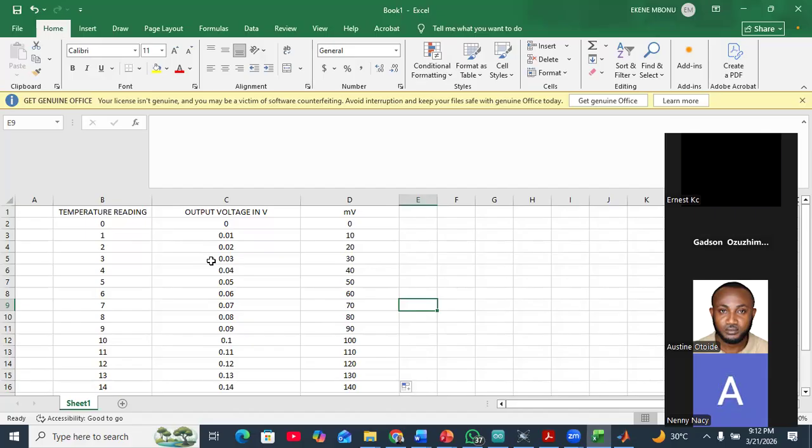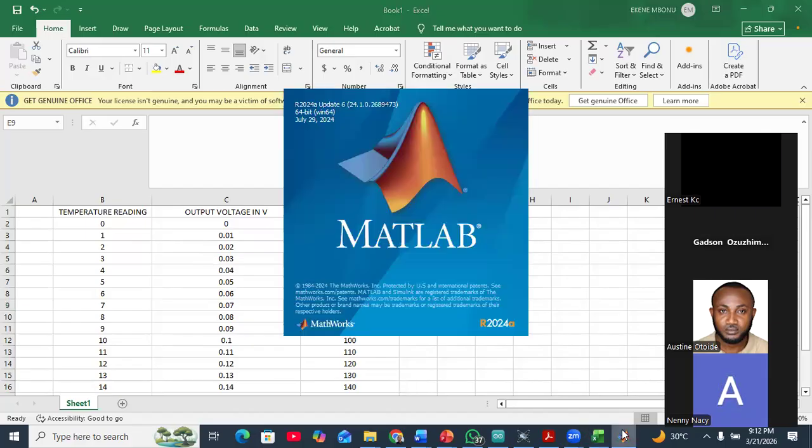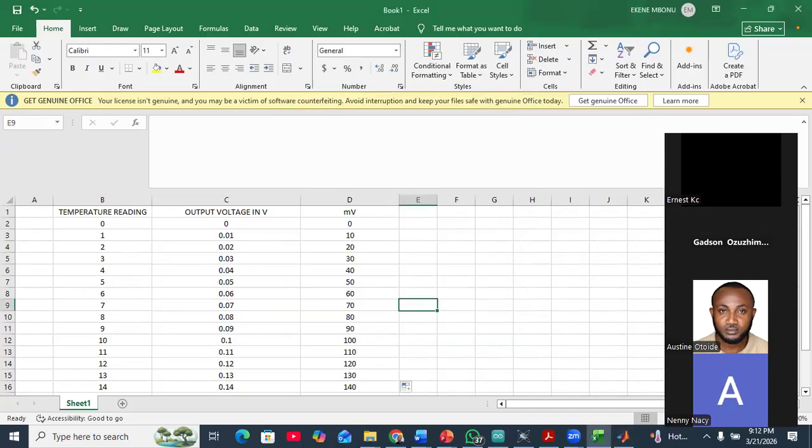How many of you have heard about MATLAB before? I know everybody in mechatronics must have heard about it. I'm not talking about mechatronics people. How many people do we have in this meeting?